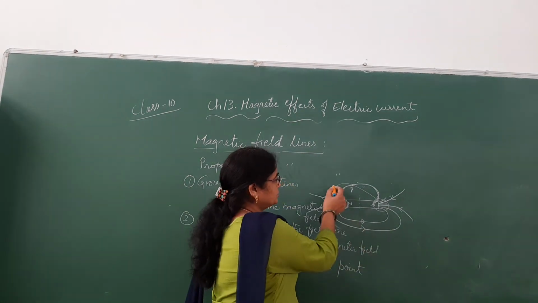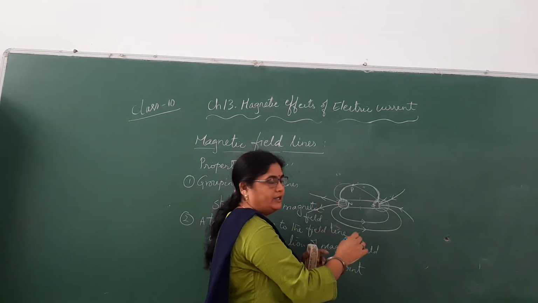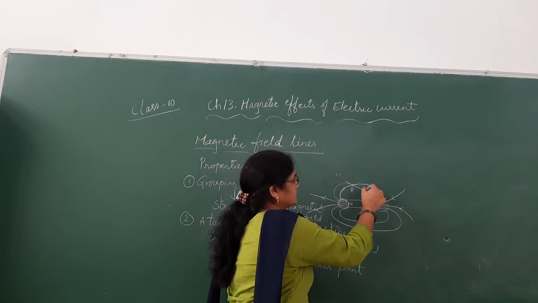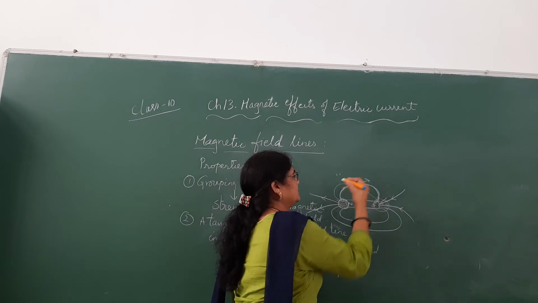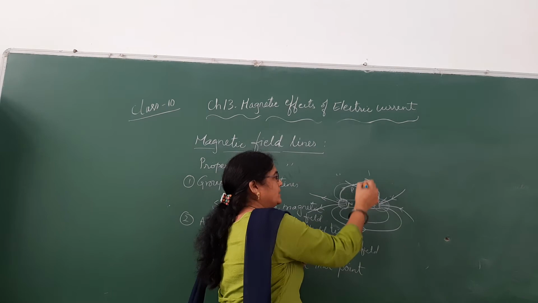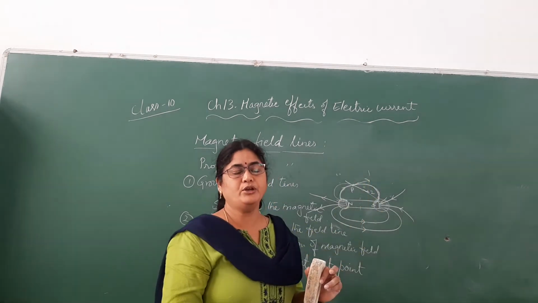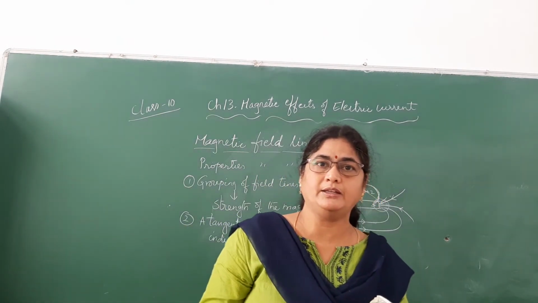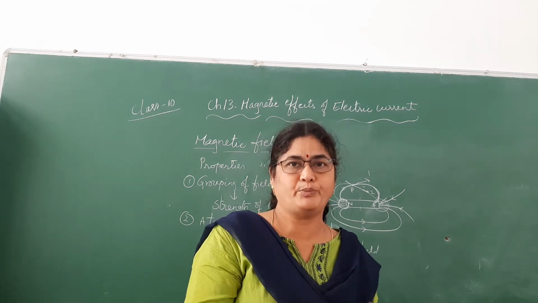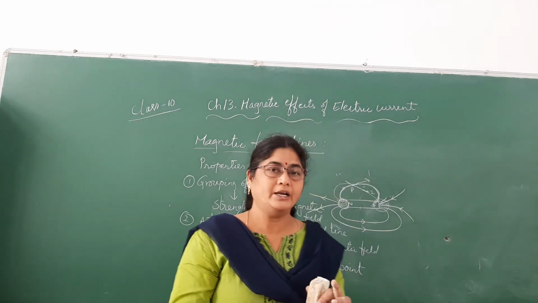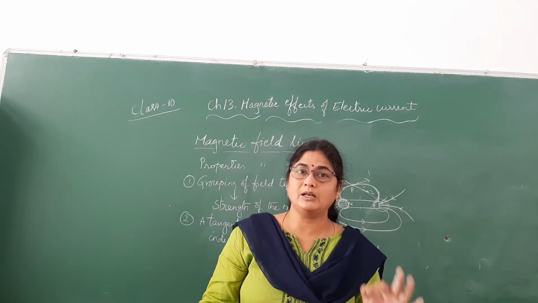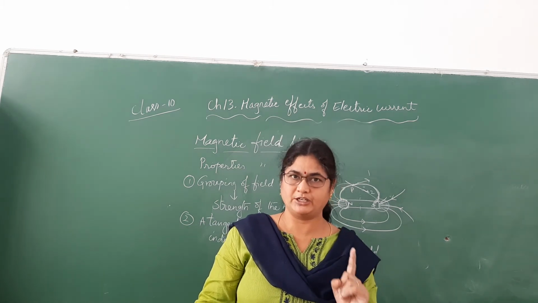Let us imagine that two field lines crossed each other at a single point P. Then for these two field lines at this point P, we can draw two tangents. One is like this, another one is like this. Tangent 1, tangent 2. And we know these tangents indicate the direction of magnetic field at that point, at a single point. Previously I said at one single point a magnetic field has one direction.